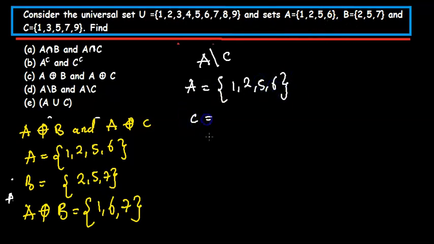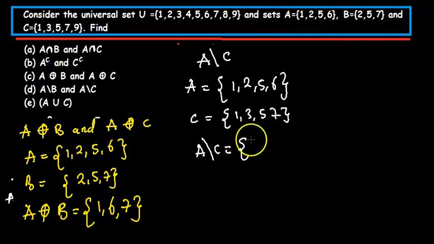And our C is 1, 3, 5, and 7. How can we solve this problem? Our A with the difference of C is simply going to be the elements we have in A but not in C. We have 1 in common, we don't have 2 in C, so 2 is included. Next is 6.